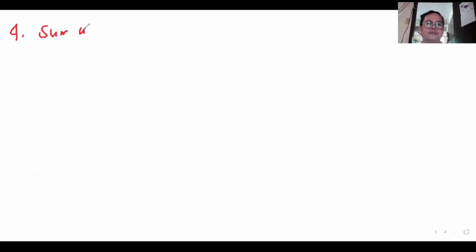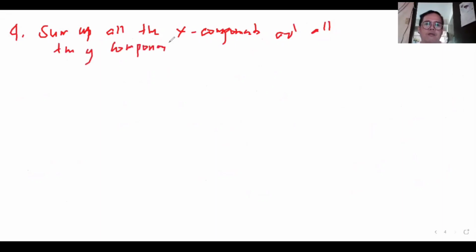Sum up all the x components and all the y components. So, doon, i-add tatanan niya x, i-add tatanan niya y. So, vector A, vector B, vector C, summation of x, summation of y. Si x natin kay na 0.